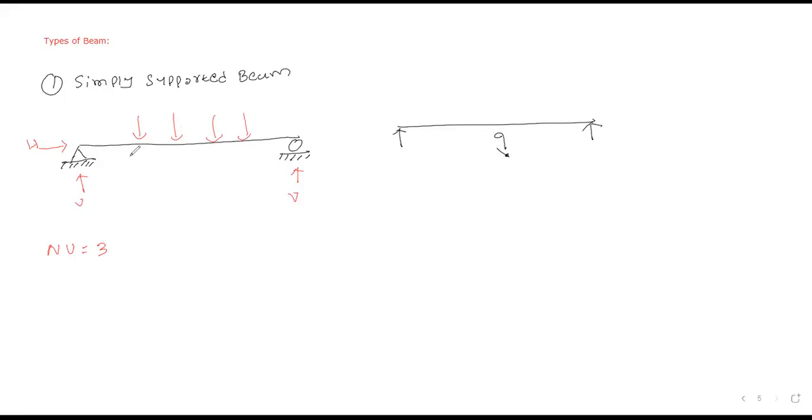Which kind of load will it be? Just think and give me the answer.